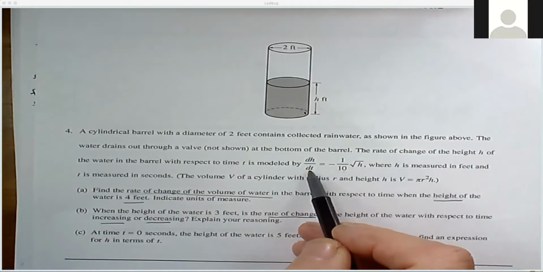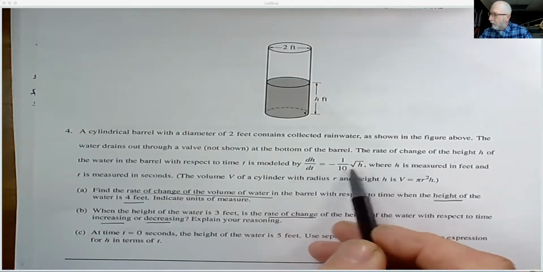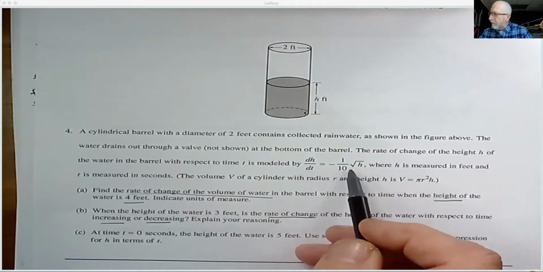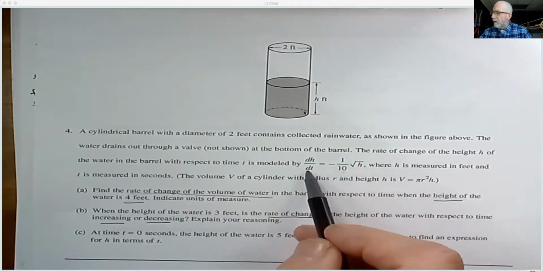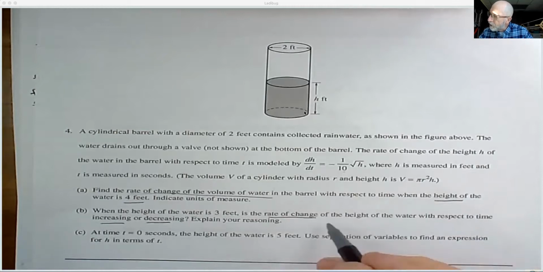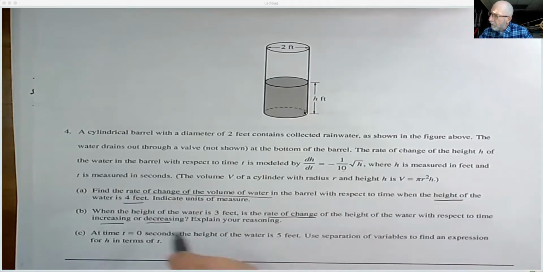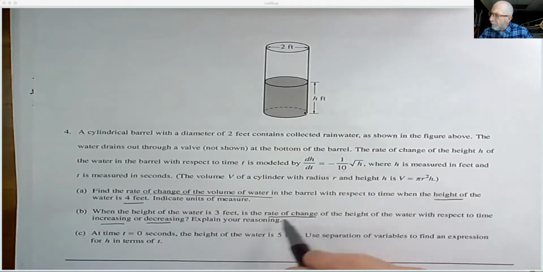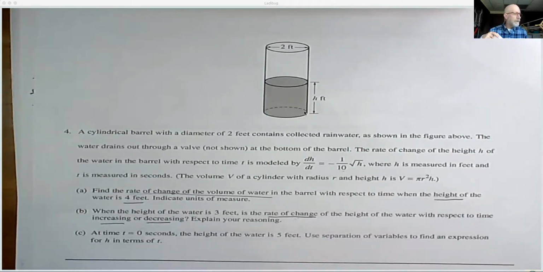Yeah. And it's pretty easy to see that when I put a 3 in here, I'm going to get negative. But the question is, is this increasing or decreasing? Is the derivative, the rate of change, increasing or decreasing? So aren't I asking if the derivative is increasing or decreasing?